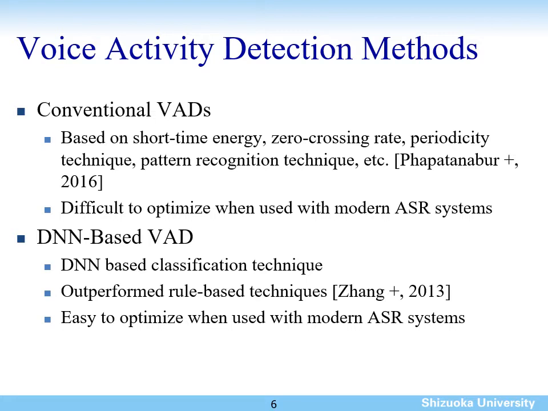Conventional VADs are rule-based. They are difficult to optimize when used with modern ASR systems. On the other hand, modern VADs are DNN-based classifiers. They have already outperformed rule-based methods. They are easy to optimize along with modern ASR systems due to their DNN-based nature.